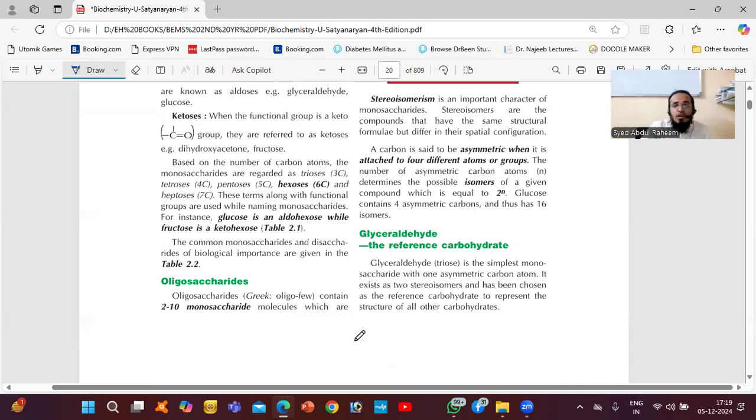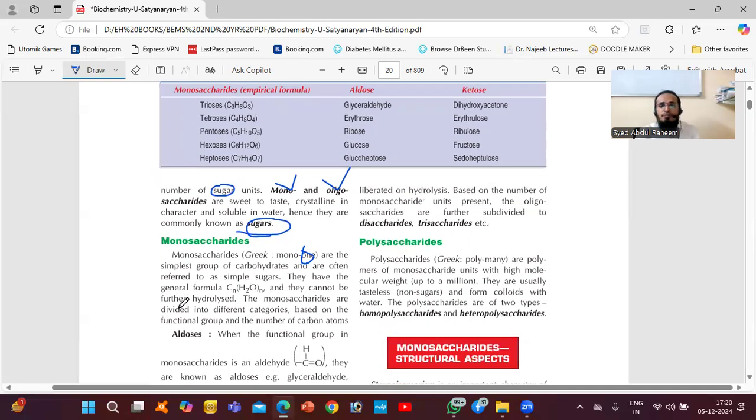Next is oligo. Oligo means few, more than one. It contains 2 to 10 monosaccharide molecules. So less than two is one, mono; above one, 2 to 10. If there are 2 to 10 molecules in anything we are eating or using, that means it is an oligosaccharide. Oligo means few.